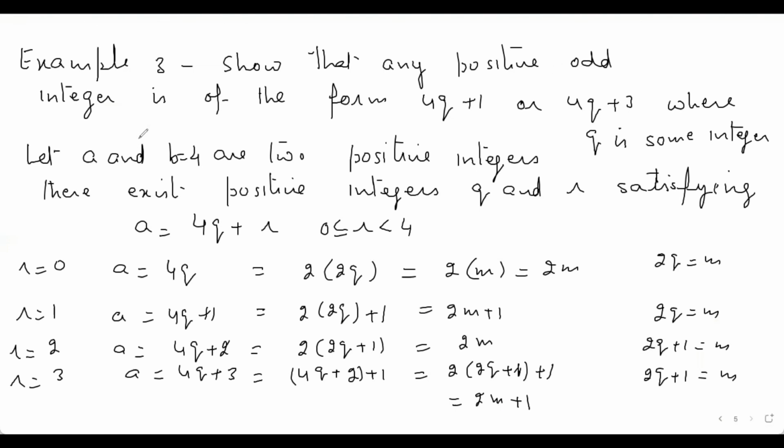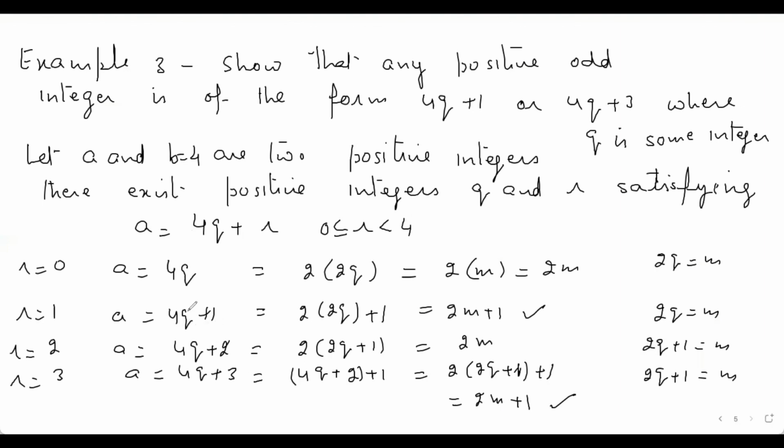We have to check which are odd numbers and which are even numbers. Here, this is an odd number. This is an odd number. Odd number is of the form 4Q plus 1. Odd number is of the form 4Q plus 3. So we first check which are odd numbers, and then we say odd numbers are of the form 4Q plus 1 and 4Q plus 3.